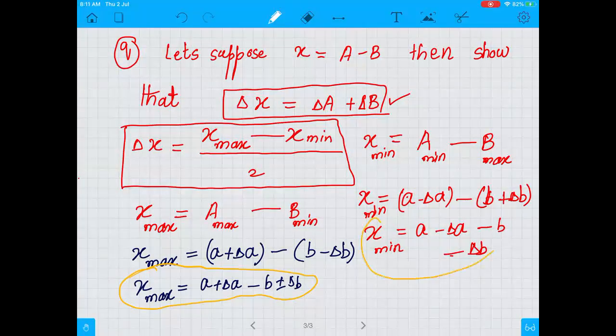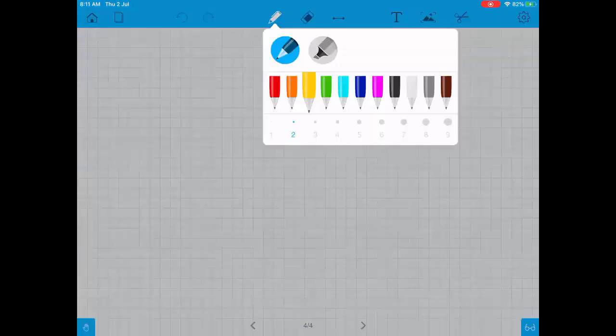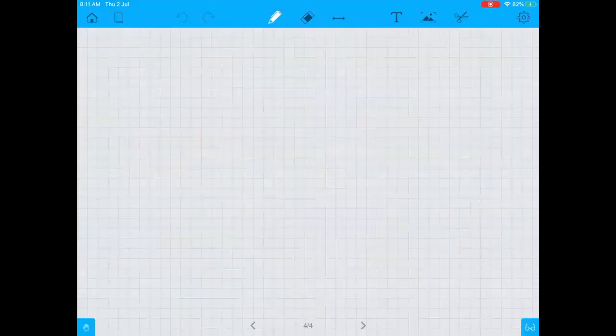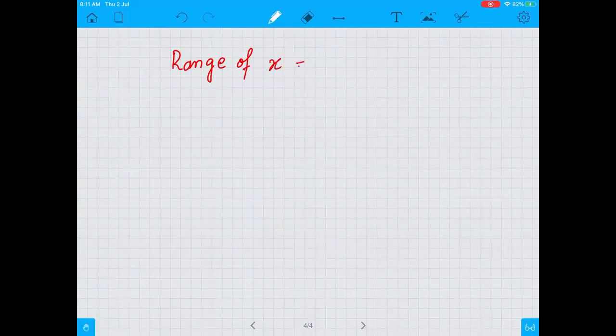Now, if we find the range of values of x, what would be the range of values of x? Range of values of x is equal to the maximum possible x minus the minimum possible x.